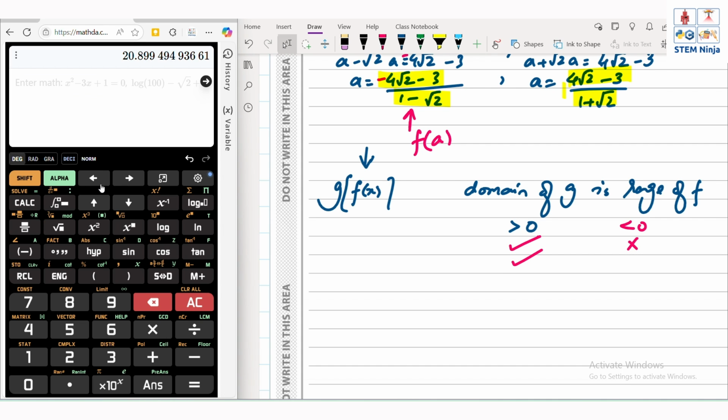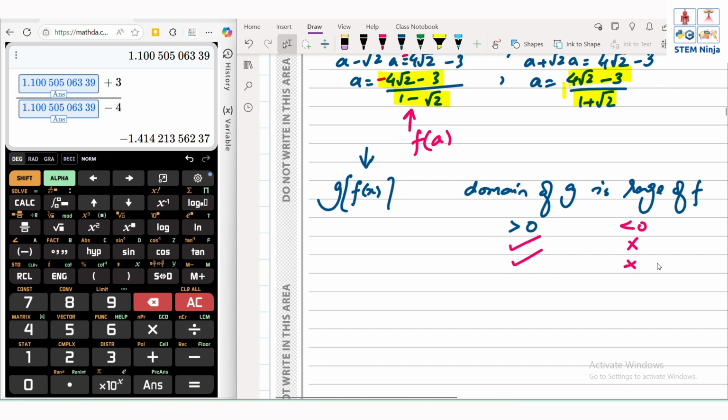However, going back, all right. So we have (4 square root 2 minus 3) divided by (1 plus square root 2). Now answer plus 3 divided by answer minus 4. This is less than 0, so obviously this will not be selected.